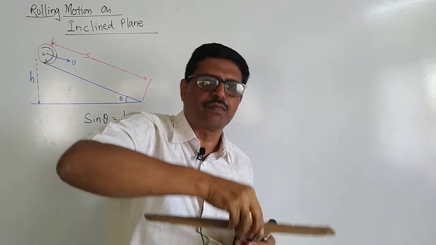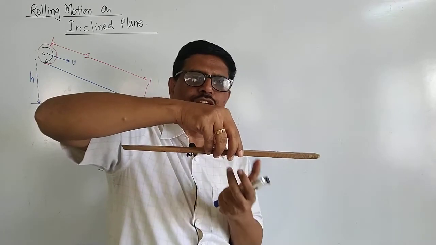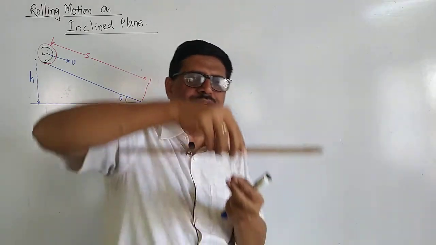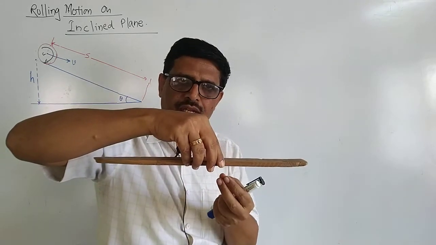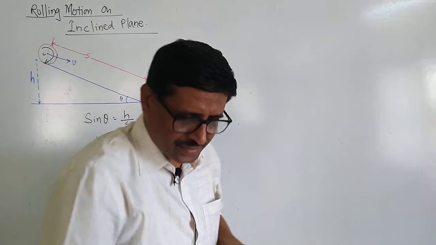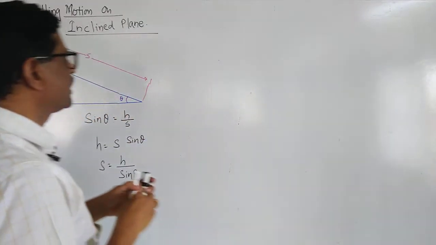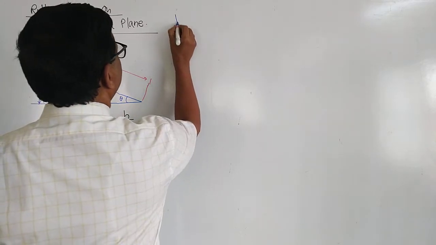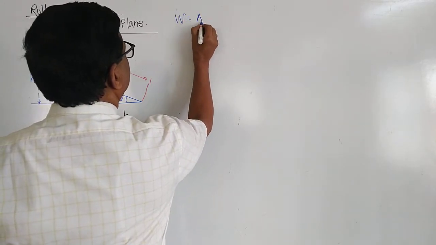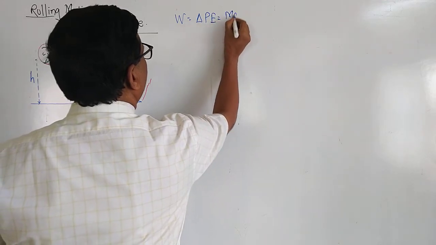In order to lift the body, the force applied is the weight of the body, mg, and the displacement through which it is lifted is h. Then the work done in this case is mgh. The work done, mgh, is nothing but the increase in the potential energy of the body.